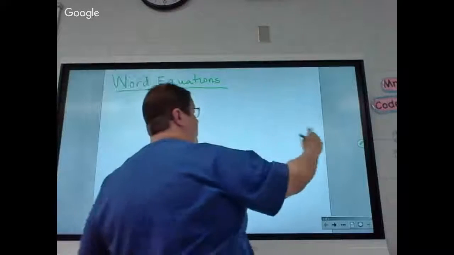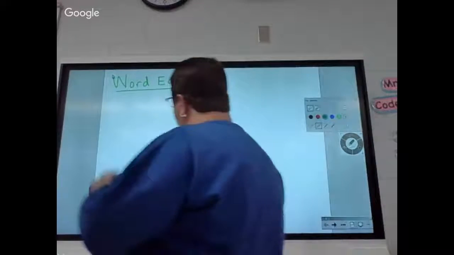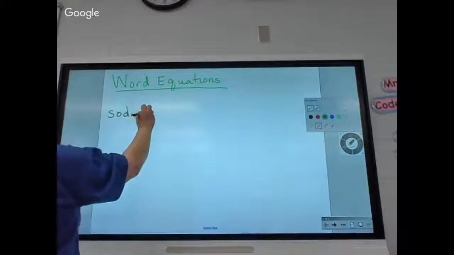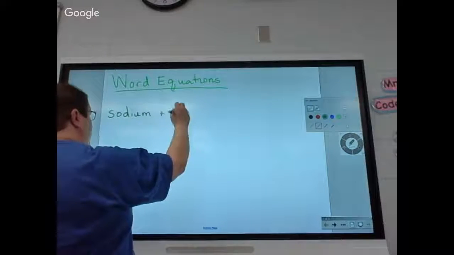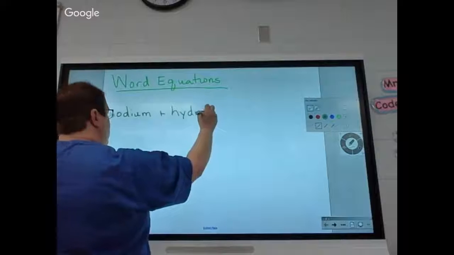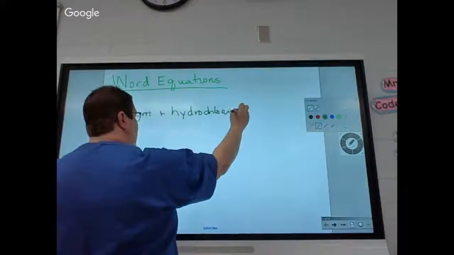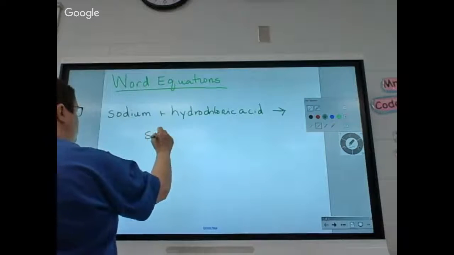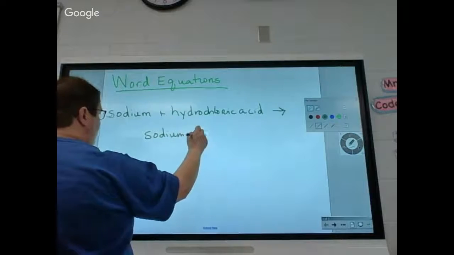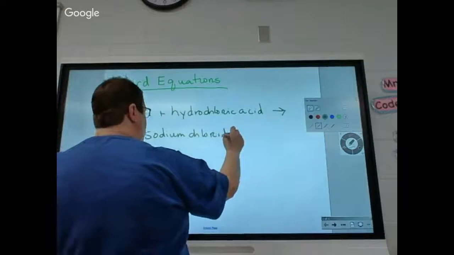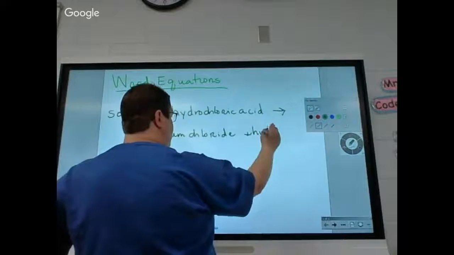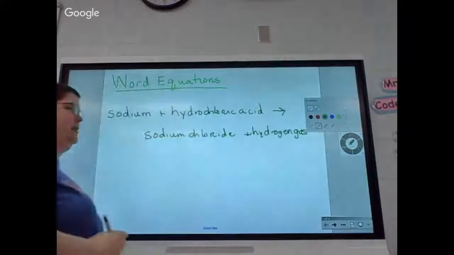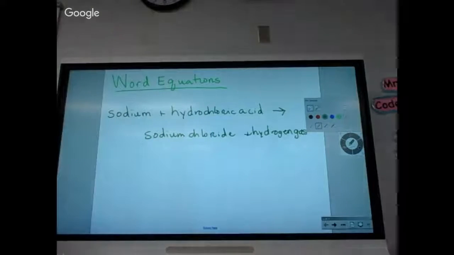So we're going to learn to take something like sodium plus hydrochloric acid yields sodium chloride plus hydrogen gas. And we're going to translate that into symbols, and we're going to balance it.